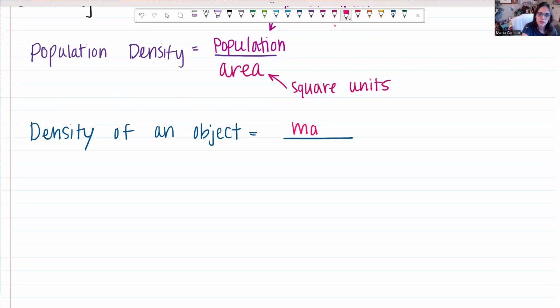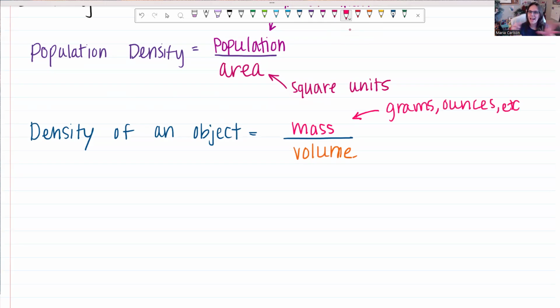So comparing mass to volume. And mass, oftentimes this is grams or kilograms or ounces, things of that nature. How much matter is within the volume.